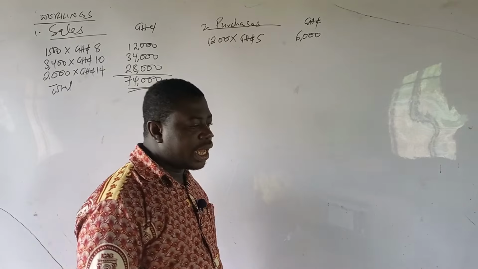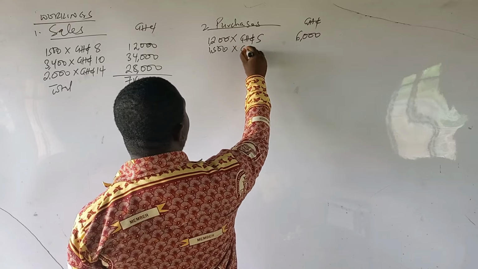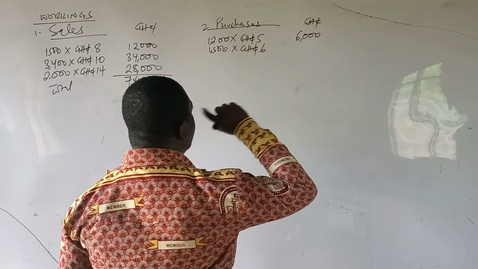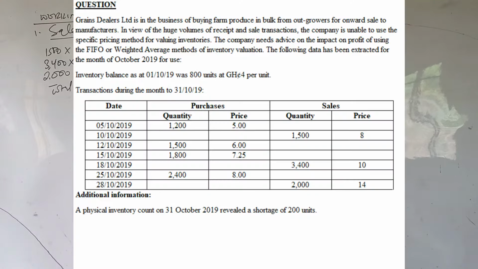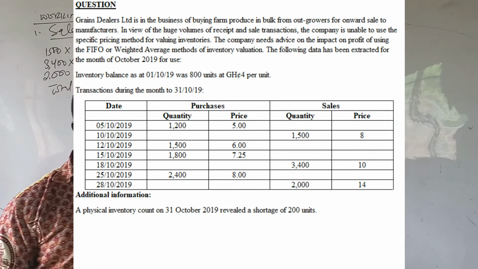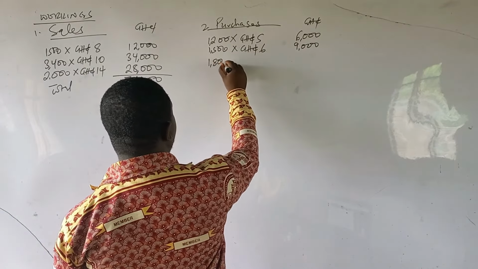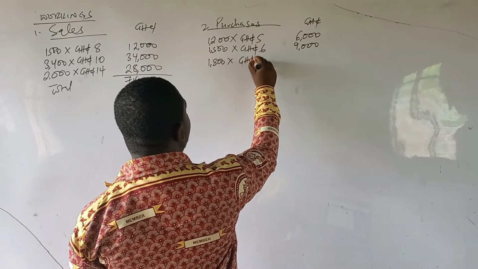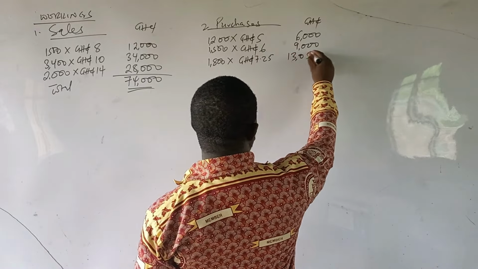And then the next purchase we made was 1,500 at a price of 6, and that also gave us 9,000 Ghana cedis. And the next purchase, you can see from your screen, is 1,800 at 7.25. That gave us 13,050.